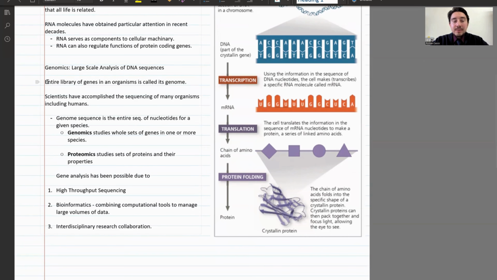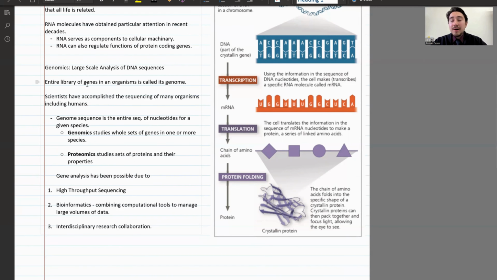Getting a little bit aside, we've been talking about the idea of DNA sequence turning into RNA to produce a protein. The study of all the DNA in your body, with the use of computational biology, is essentially called genomics, where scientists have developed incredibly large libraries of genes to analyze.